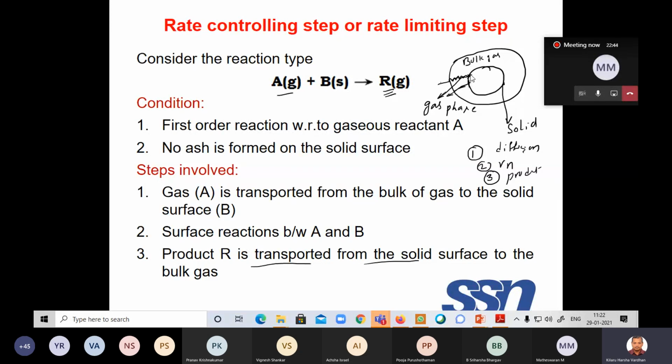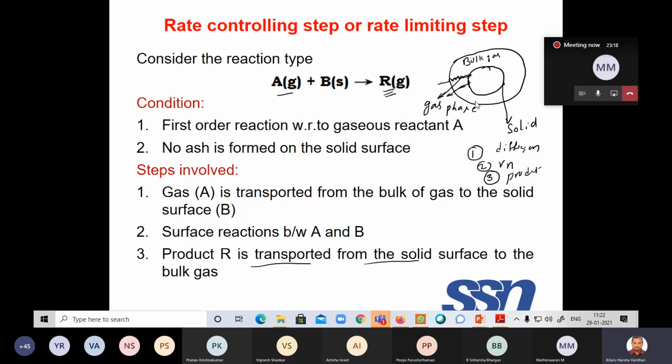The third step is, once the reaction happens, the product is formed. That is, the gas is formed. So there will be some unreacted A, there will be some product R, and there will be some unreacted B also. But the gas which is formed should transport from the solid surface to the bulk gas. Again, it comes out. Am I right? The product which is formed leaves the solid and joins the gas phase.